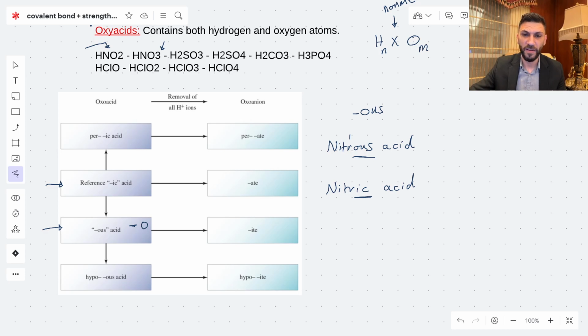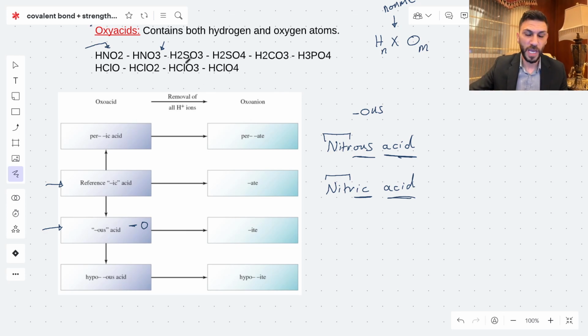Both of them have the same root of the element because both consist of nitrogen as a central atom. We didn't add hydro because it's not a binary acid, it's an oxyacid. And we add OUS for the lower oxygen, and we add IC for the higher oxygen, followed up with the word acid.